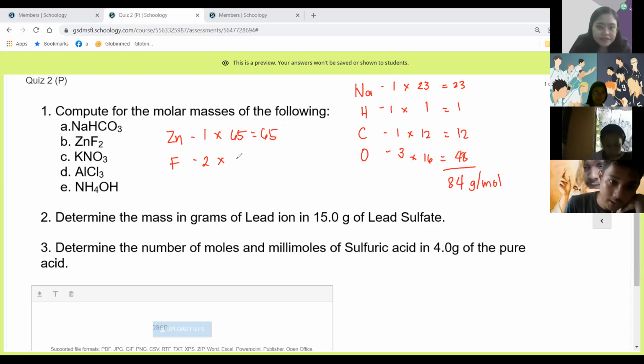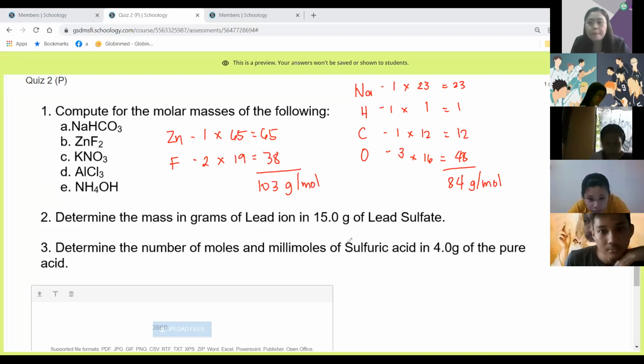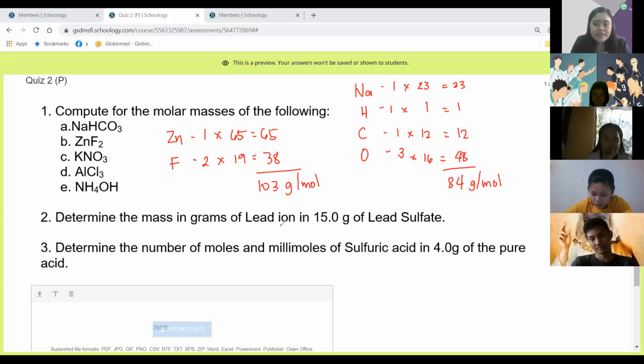While fluorine, 19. 19 times 2, that's 38. So 65 plus 38, this is 103. Again, the unit, grams per mole. Okay? You can ask questions if you want to clarify something.